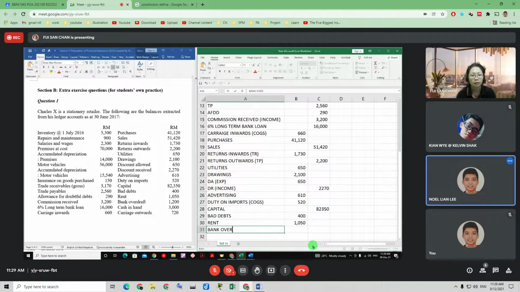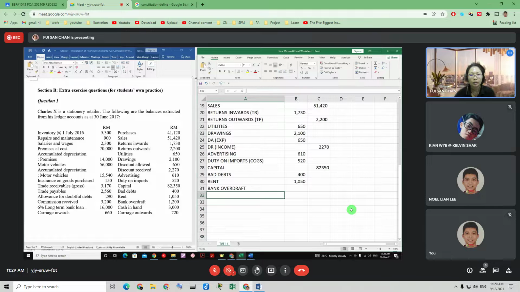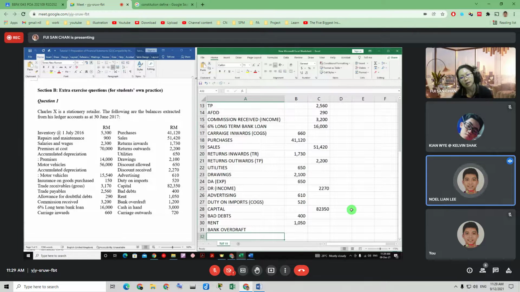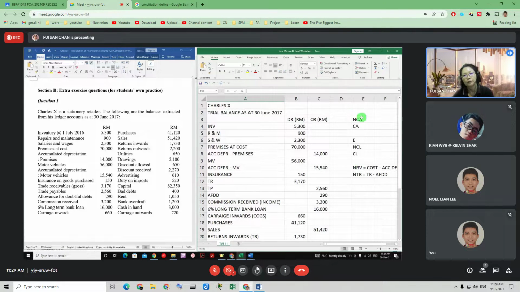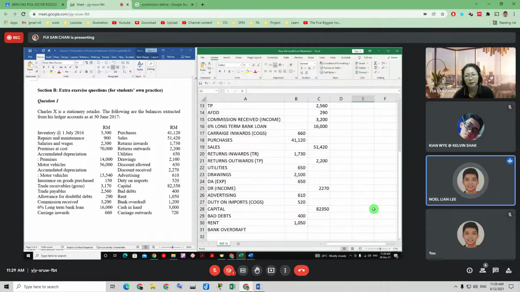Credit. What is bank overdraft? Money owed to the bank. You see here, it is under which one in your SOFP? Current asset? Why? Bank overdraft. Current liability.